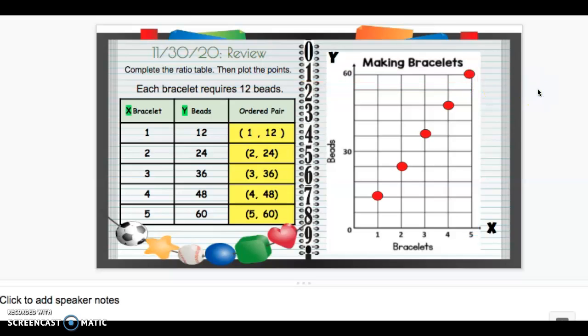Okay? And you would know your chart is equivalent if your points line up. They're in a straight line, so I know my chart is equivalent. It is an equivalent ratio table. Okay? So that's a review from before Thanksgiving.